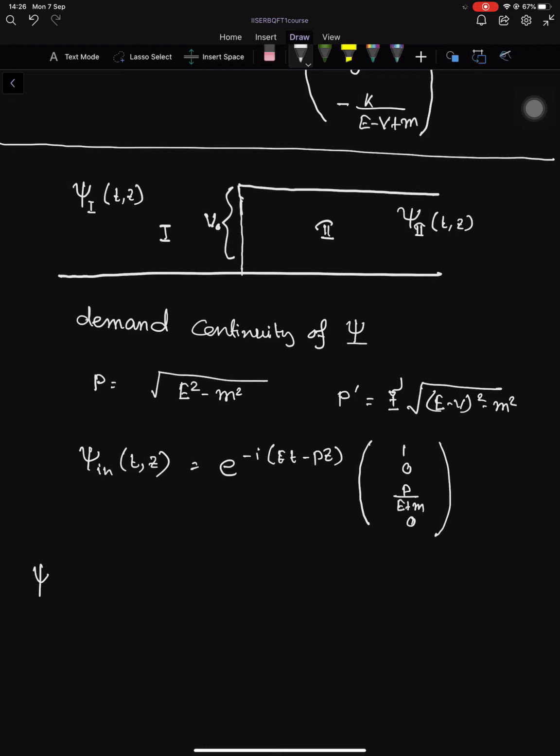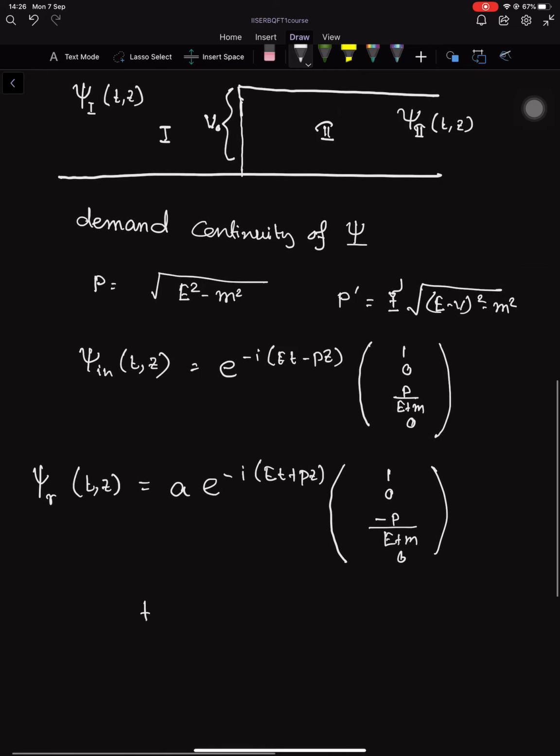So our reflected wave function will be some coefficient a times exponential of i(Et plus pz), since P has to flip sign because it's reflected, times 1, 0, minus P over E plus M, 0, plus b times exponential of minus i(Et plus pz) times 0, 1, 0, P over E plus M.